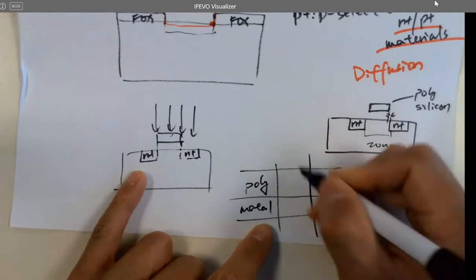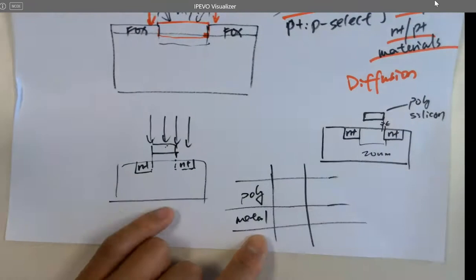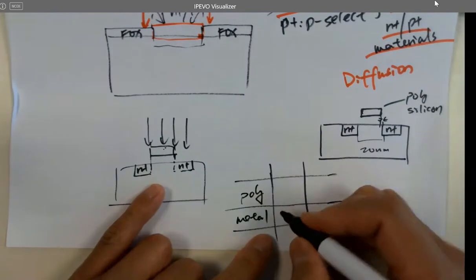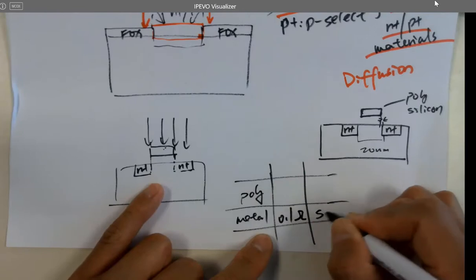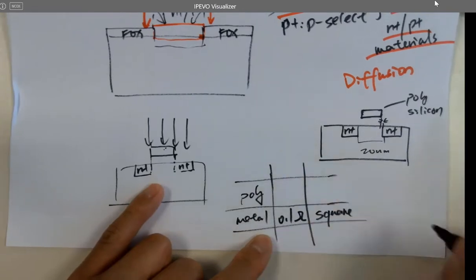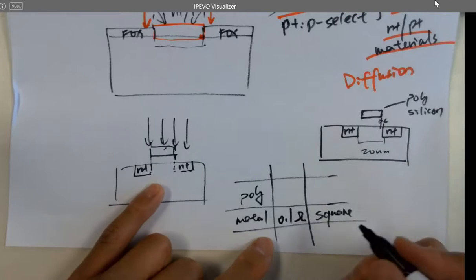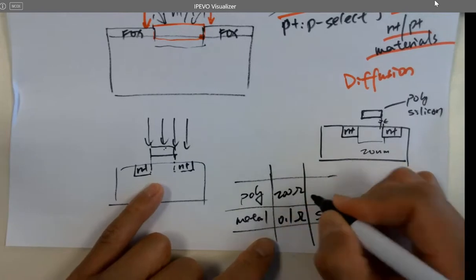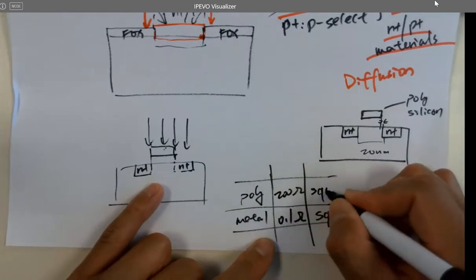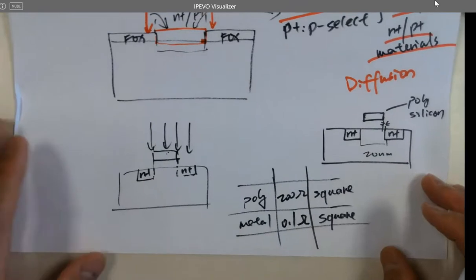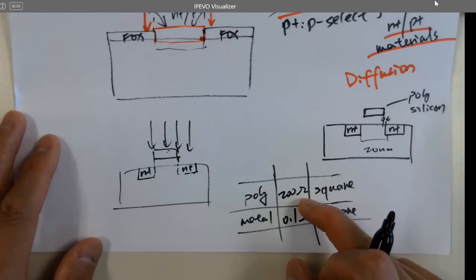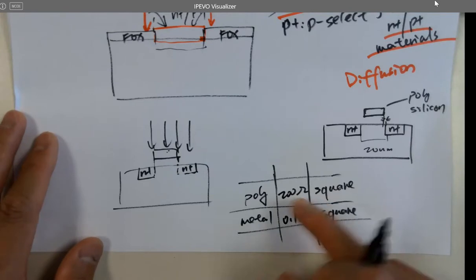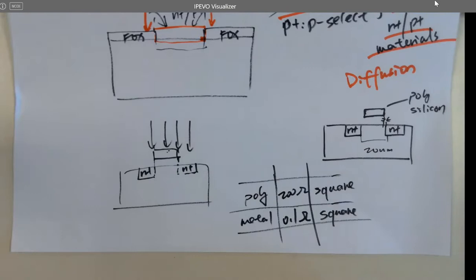So what's the sheet resistance of the metal layer? The metal layer in C5 is usually 0.1 ohms per square. For poly, it's 200 ohms per square, which is lower than the N-well, 800. So do you want to use poly or N-well?